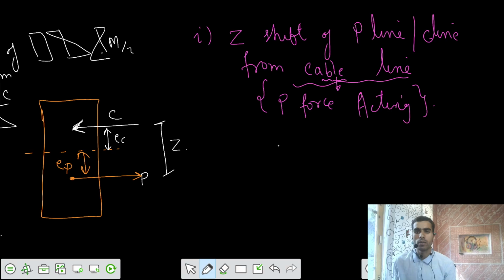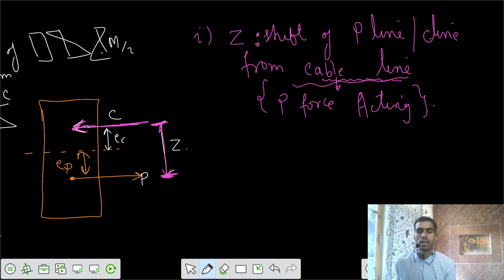So that's what we call the cable line or cable point. Initially your P force was acting here, but your C line, the pressure line or thrust line, is somewhere here, at a distance of Z.